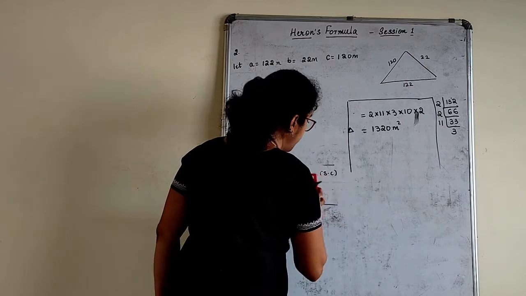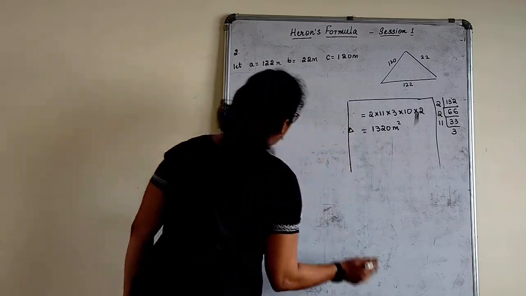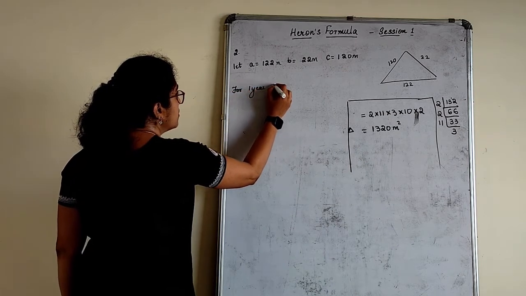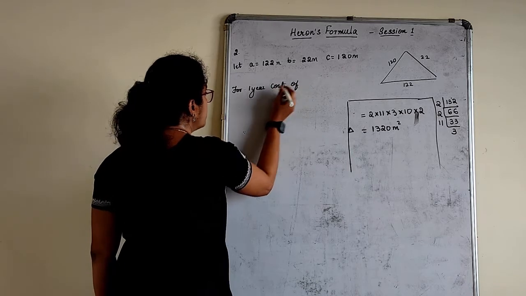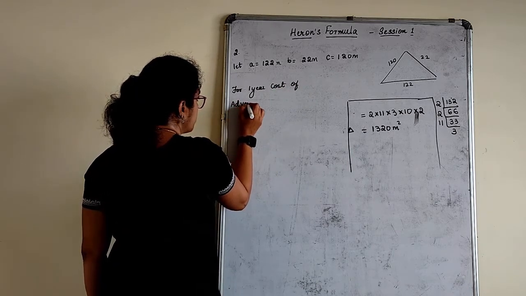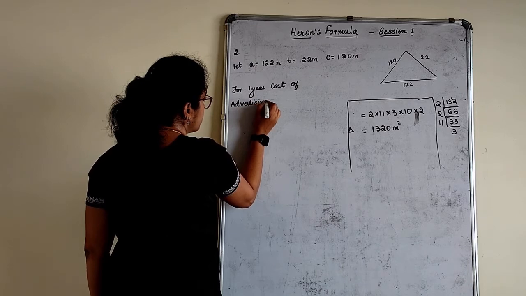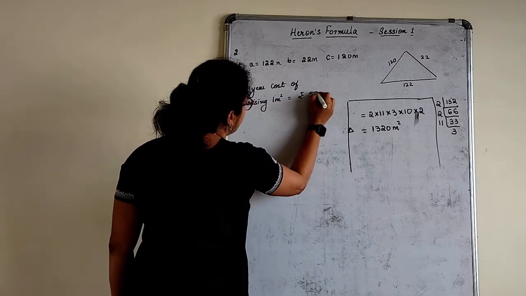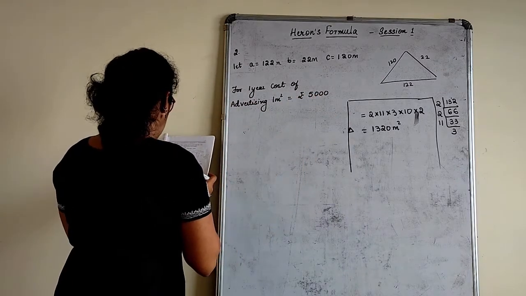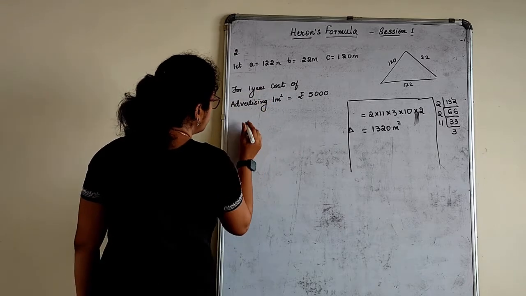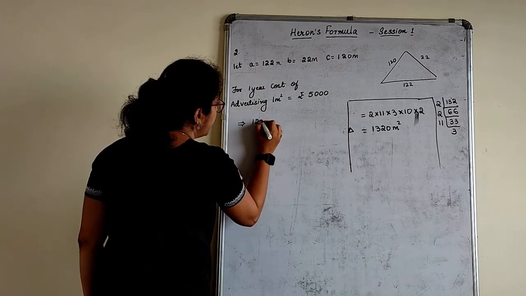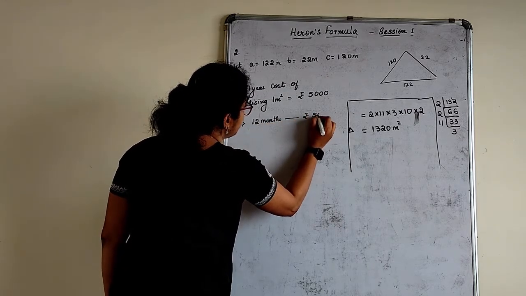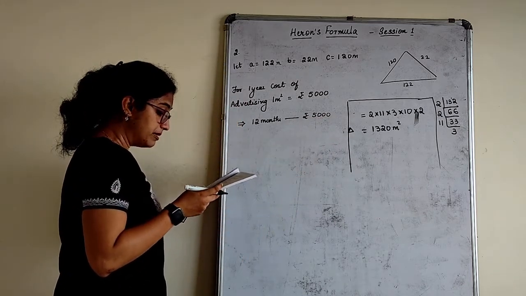Now, according to them, for 1 year, the cost of advertising one meter square is equal to rupees 5,000. Per meter square is nothing but 1 meter square. 1 year means 12 months, it is rupees 5,000. Now for how many months do I want this?